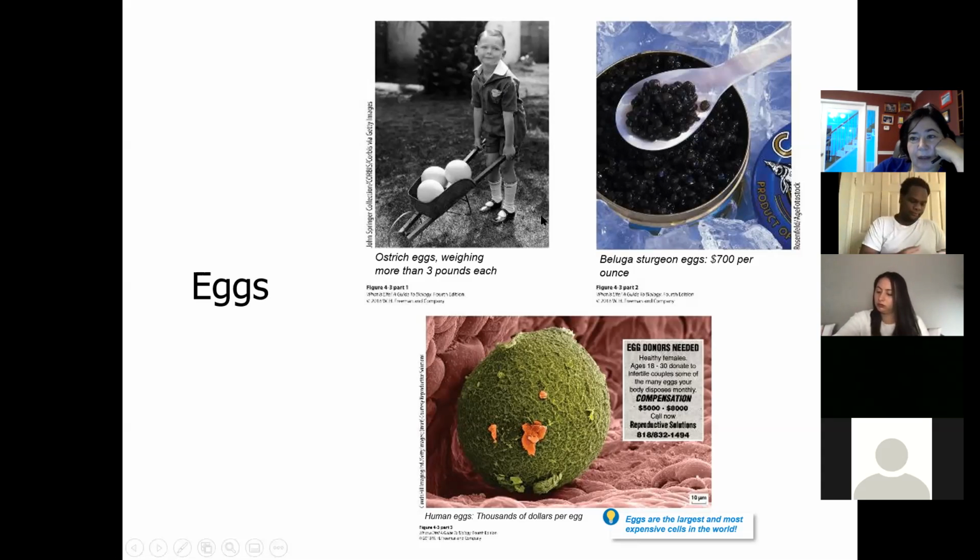Birds lay eggs, and this is an ostrich, which is a huge one. If the male is around, this egg will be fertilized. If the male is not around, the egg is still going to be laid. So why are eggs huge? Tell me.